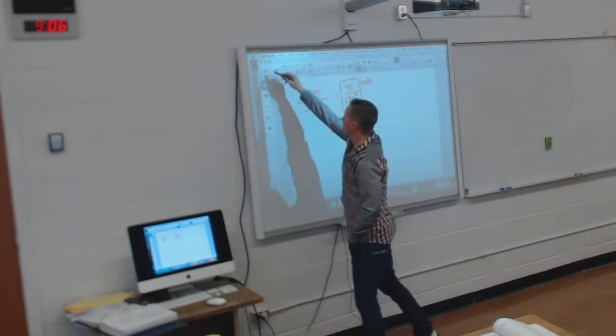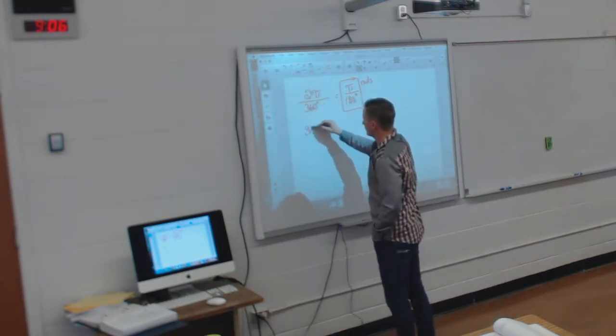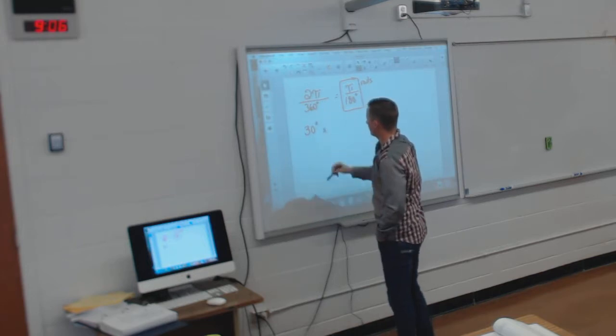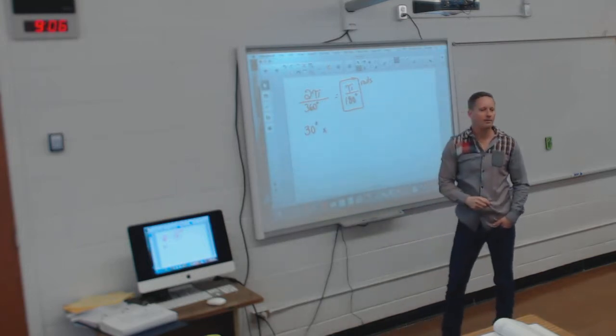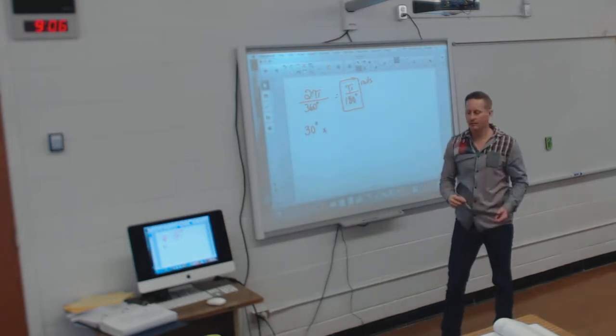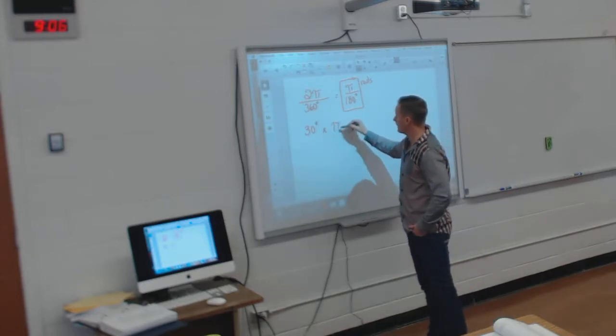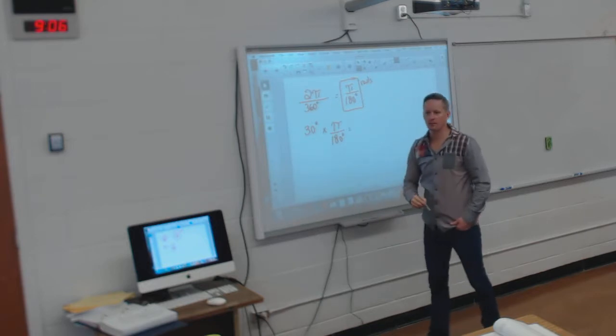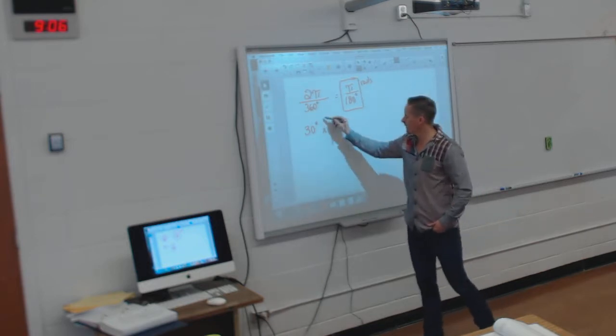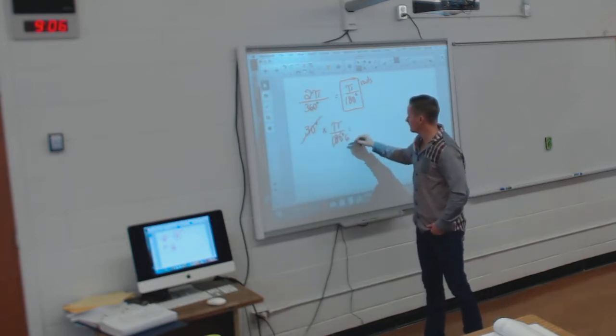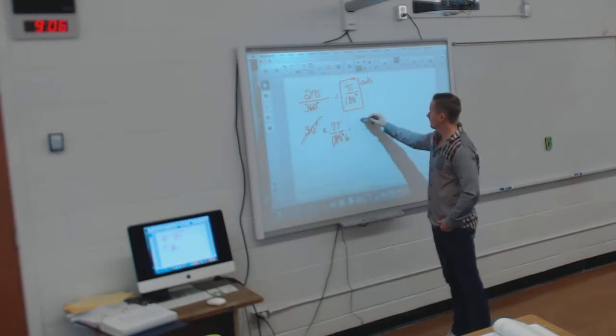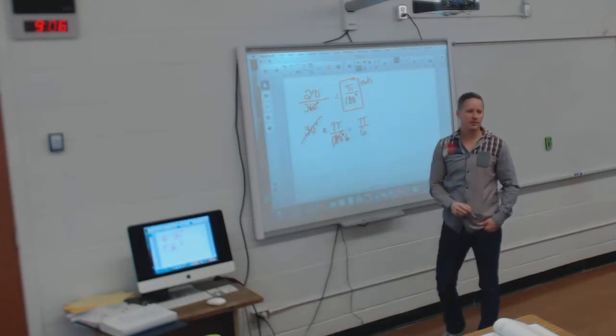So then, if I looked at 30 degrees, and I wanted to find out what portion of the circle it is, I multiply it by pi over 180 degrees. 30 goes into 180 6 times. 30 degrees is pi over 6 radians.